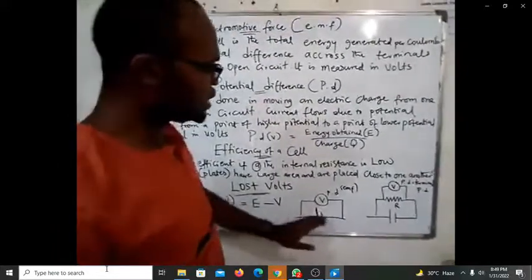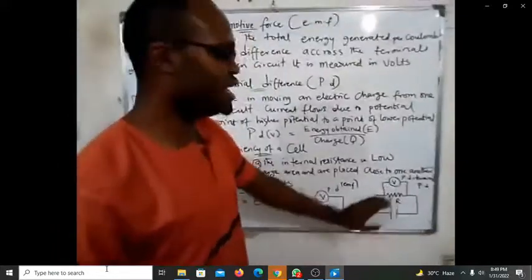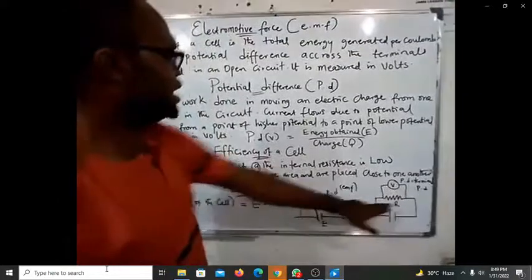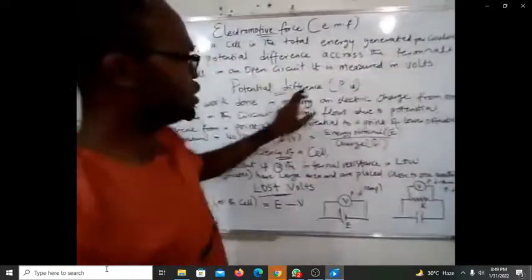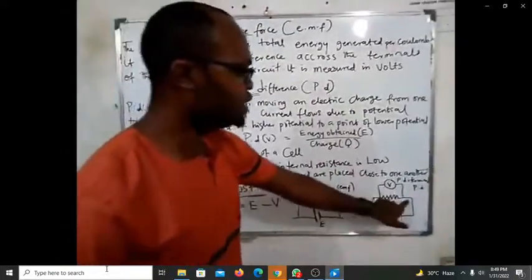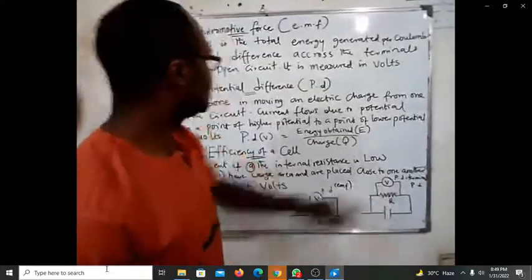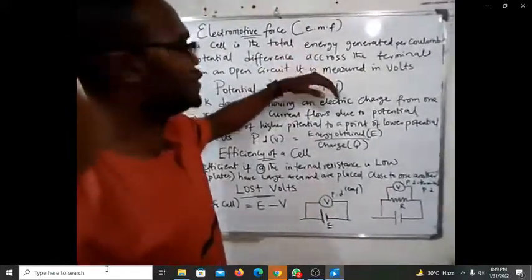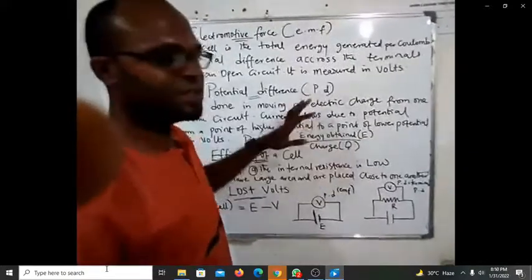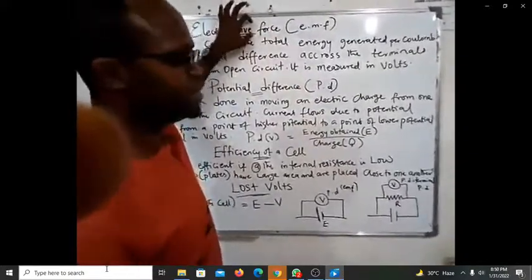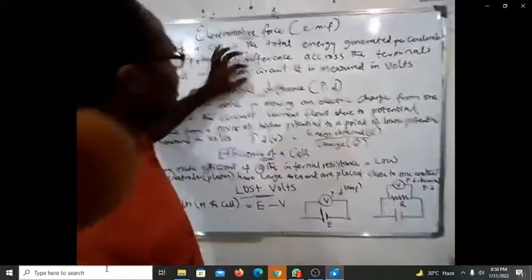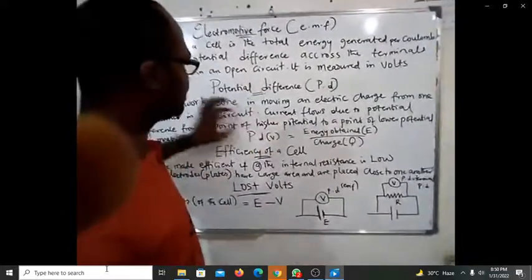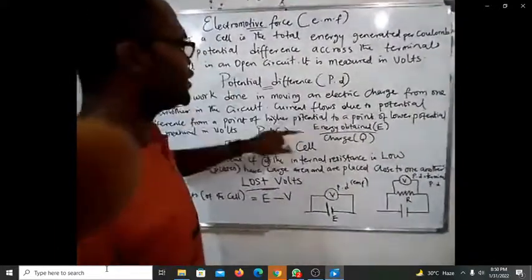But when the cell is connected to other electrical components like a resistor, we talk about the potential difference between 2 points. Potential difference and electromotive force are both measured in volts. It's just that one measures for the cell in an open circuit, whereas the other measures across the whole circuit.